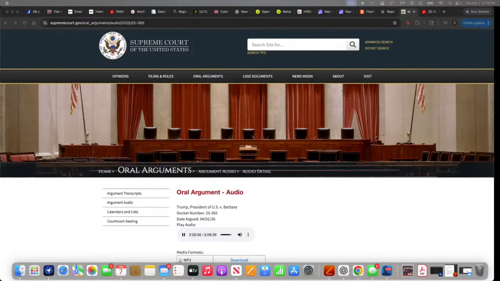Justice Jackson? So I want to understand how you are responding to the government's argument that because temporary visitors and undocumented immigrants are still governed by their home countries, and in the government's take on this, you can't have allegiance to two different sovereigns.